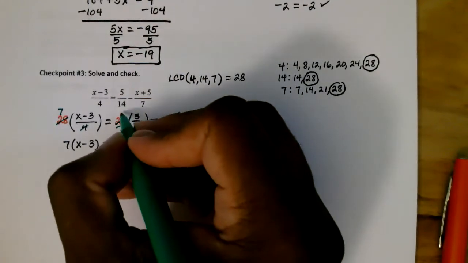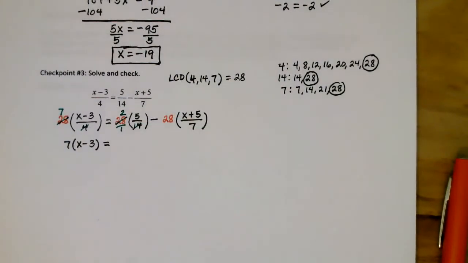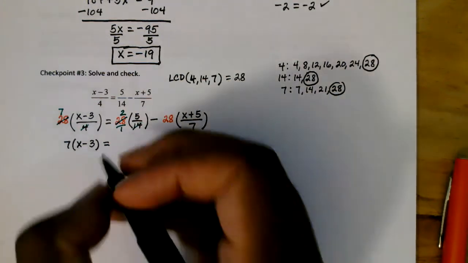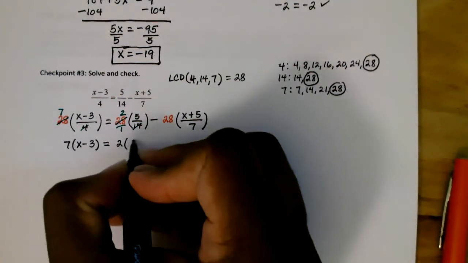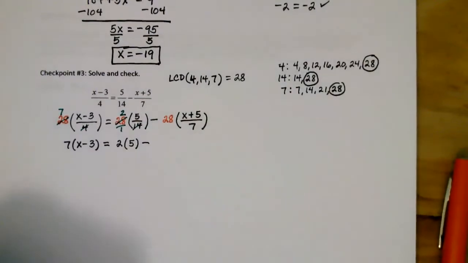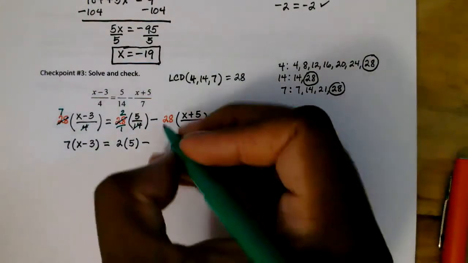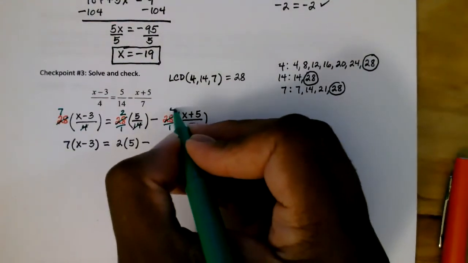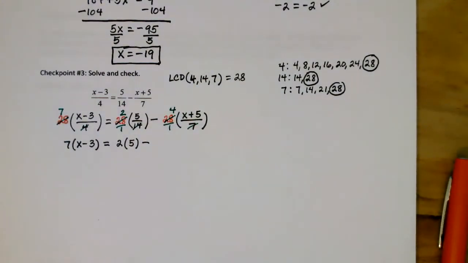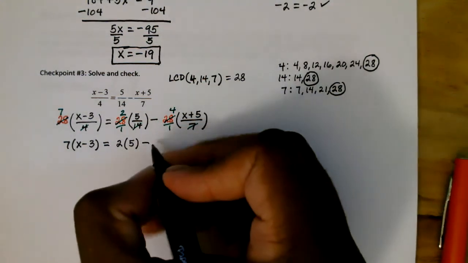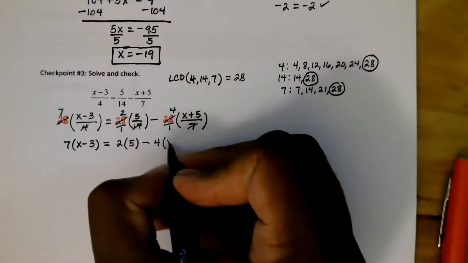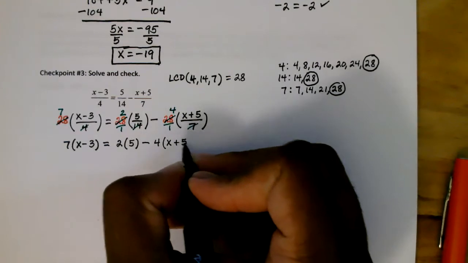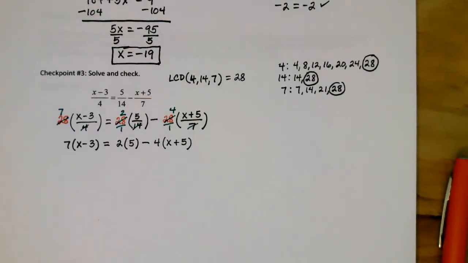Divide 14 into 28, that's going to go 2 times. So I'm going to have 2 times 5, and then minus, treat that 28 as 28 over 1, and divide 7 into 28, that will go 4 times. So that means I'm going to have 4 times the quantity x plus 5.